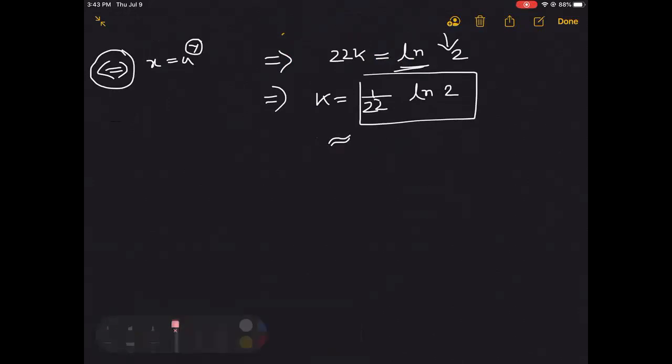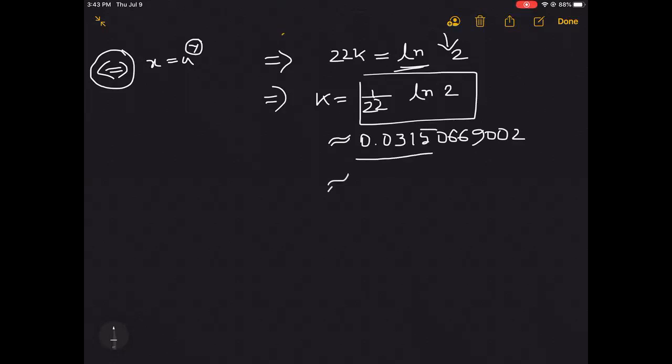It would be 0.03 15 0669 002. Okay, so I think you can take up to this, because even if you don't round, it's approximately this. Yeah, you can take this.